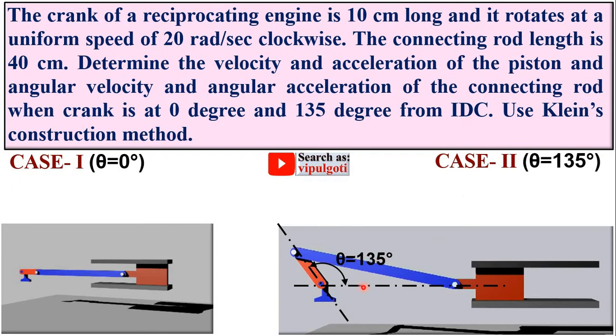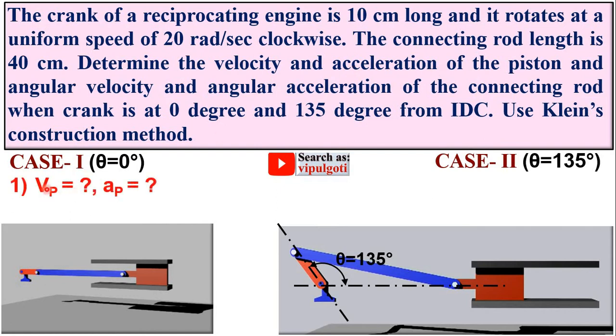So this is called the inner dead center. That means towards the piston side is called the inner dead center and outside is called the outer dead center.